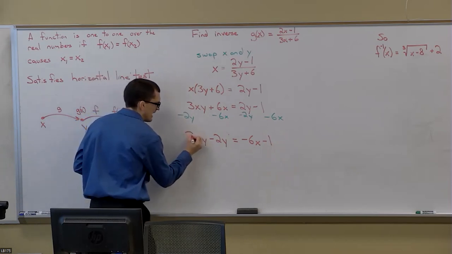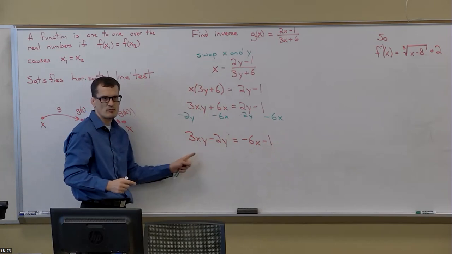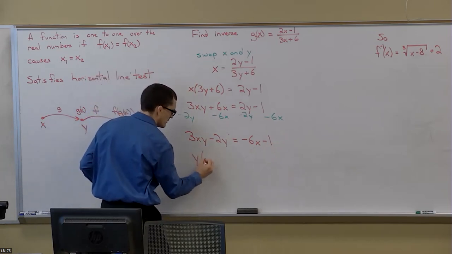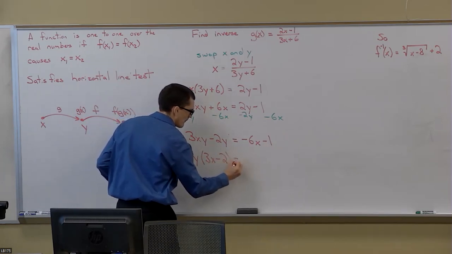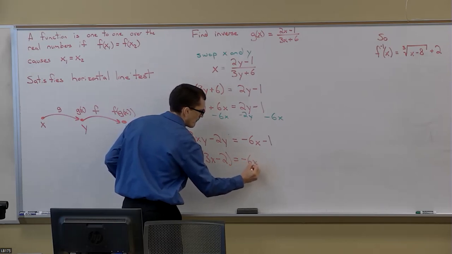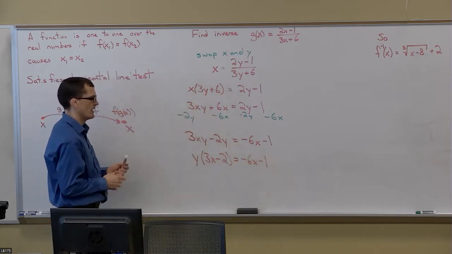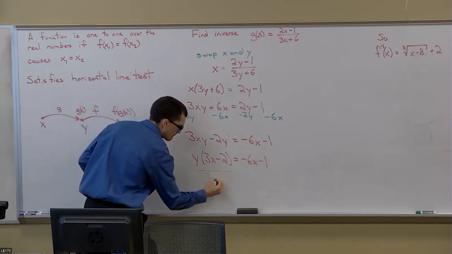Then I could factor a y from the left-hand side, since every term has a y in it. I'd factor that y out. And then I would divide both sides by 3x minus 2.